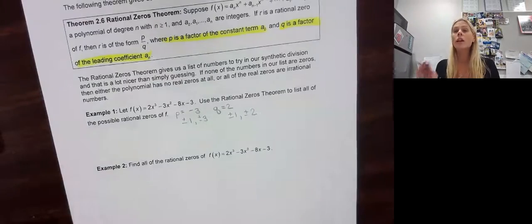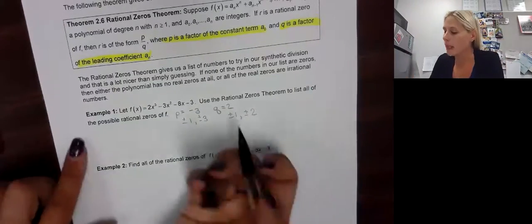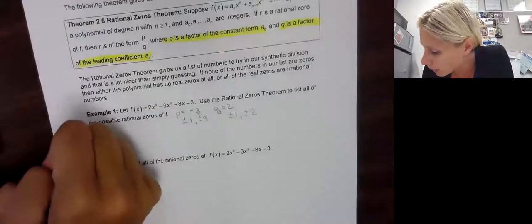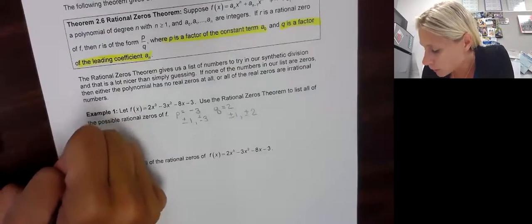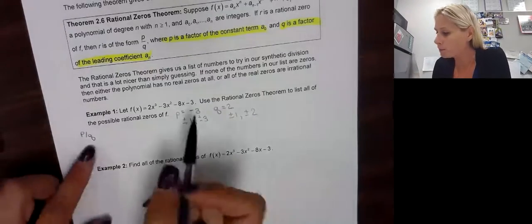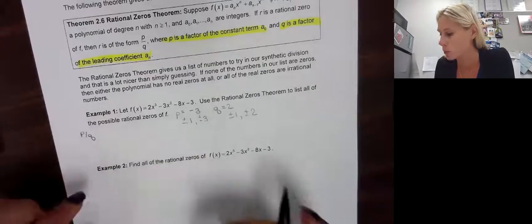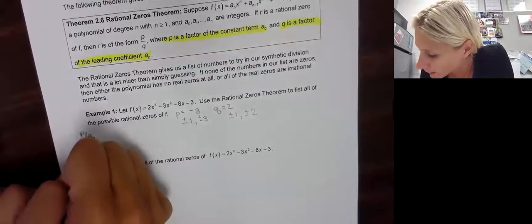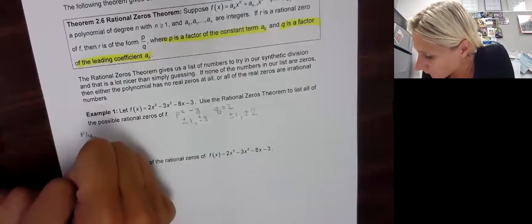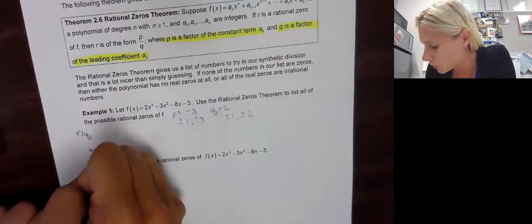So there are a lot of different combinations that we can do. Remember that we are doing P over Q. So what I'm going to do, guys, is list one at a time. I'm going to list them with plus or minus so we don't have to write them twice. So if I take P of 1, I can do 1 over Q of 1, so that's 1.